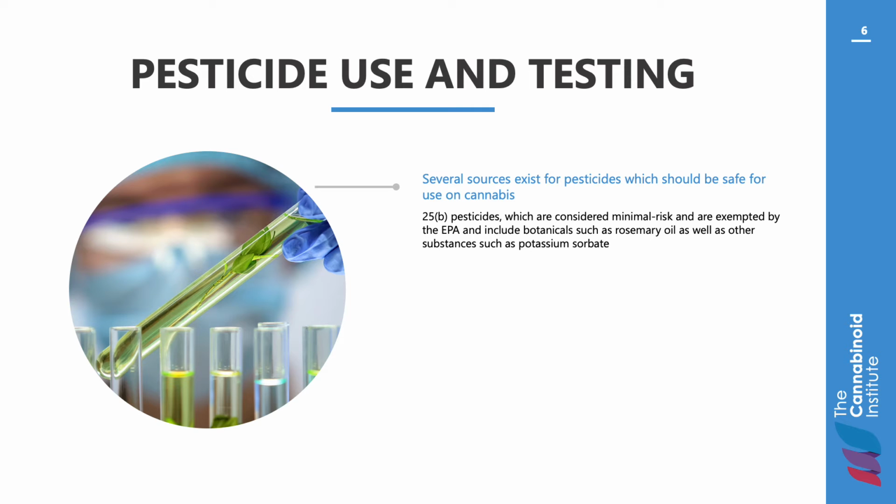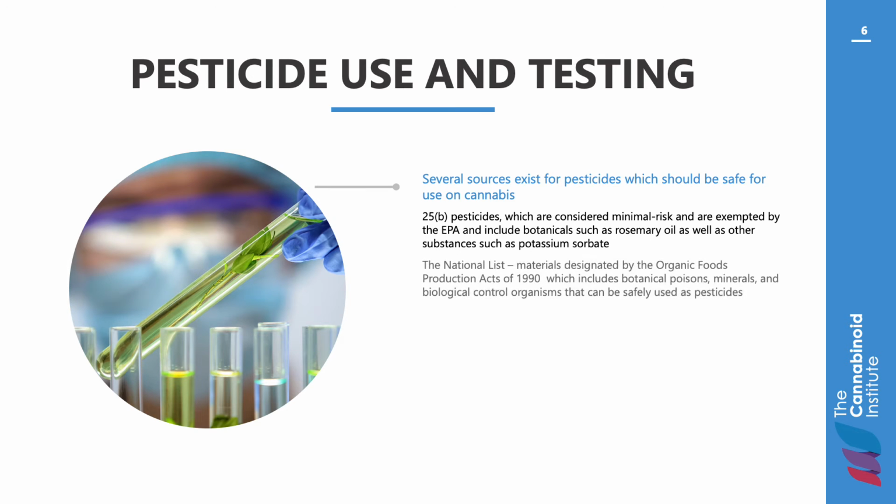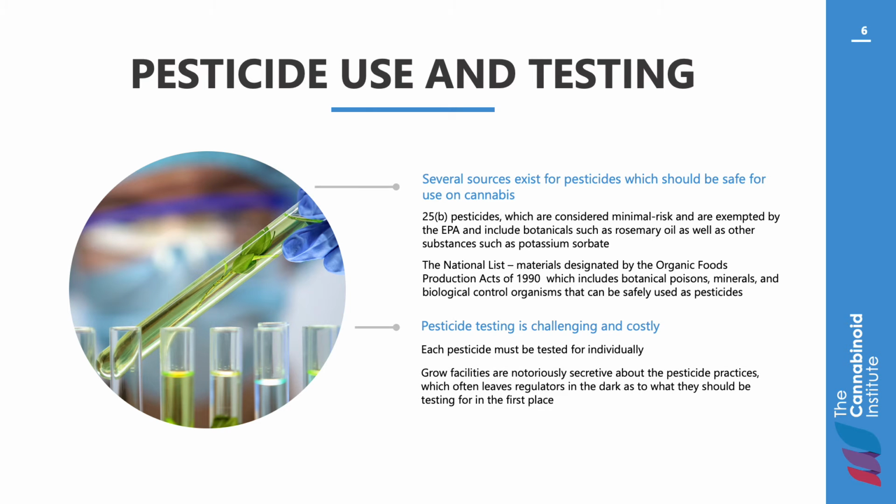The Organic Food Production Act of 1990 also has a national list, which includes botanical poisons, minerals, and biological control organisms that can be used for pest control. Pesticide testing of cannabis is challenging and costly because each pesticide must be tested for individually. Cannabis grow facilities are notoriously secretive about their pesticide practices, which often leaves regulators in the dark as to what they should be testing for in the first place.